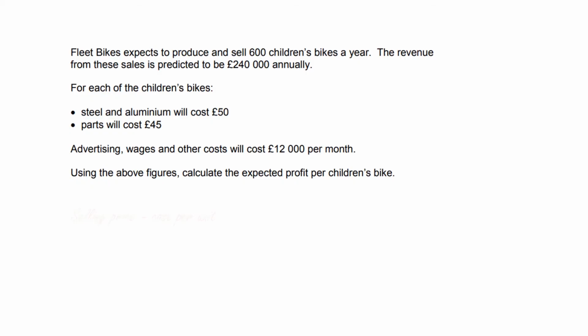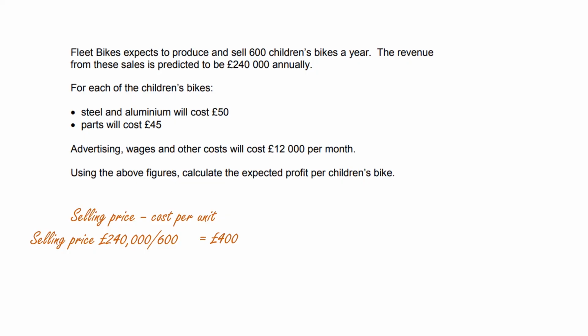Now the formula that one might use for this, you could use other formulas, could be selling price minus cost per unit. Now let's tackle the selling price. £240,000 is the amount of predicted sales, and you divide that by 600 because that's the amount of children's bikes that they expect to produce and sell each year. That gives us £400.